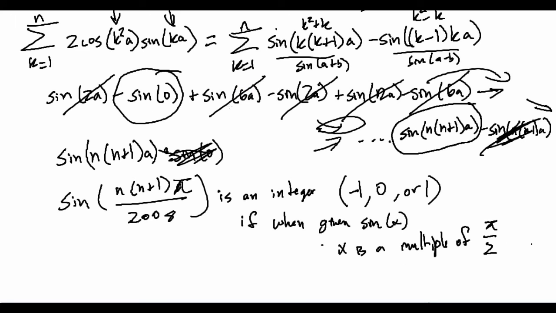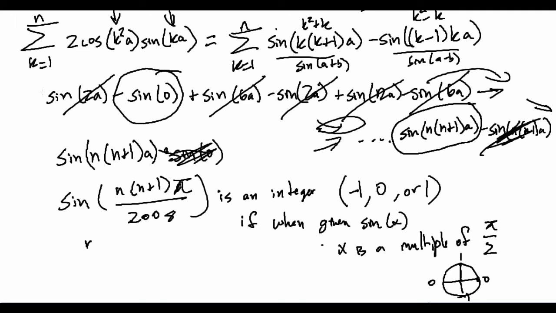Drawing the unit circle: here's pi, sine is 0. Here's pi over 2, sine is 1. Here's pi, that's 0, and here's 3 pi over 2, and that's -1. So whenever the expression is a multiple of pi over 2, it's going to be an integer.